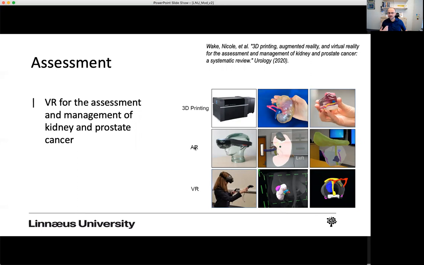The whole idea was to assess and manage kidney and prostate cancer. So again, it's an interesting study that shows how different technologies can be used to improve the management of these types of cancers.